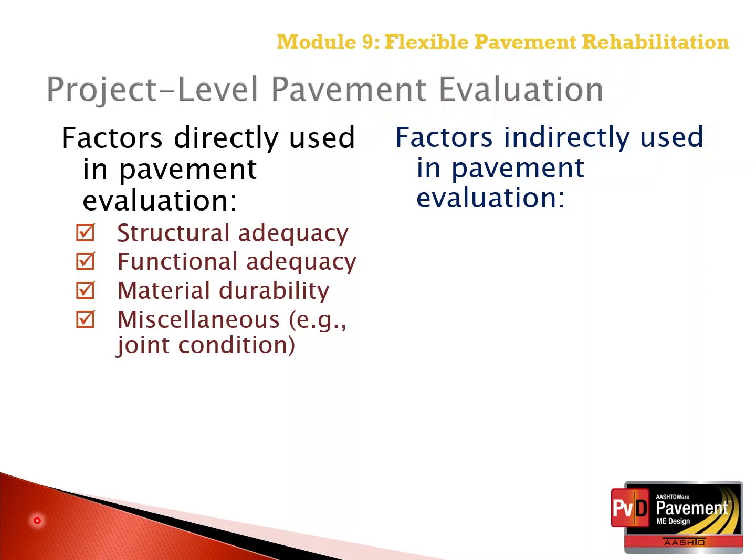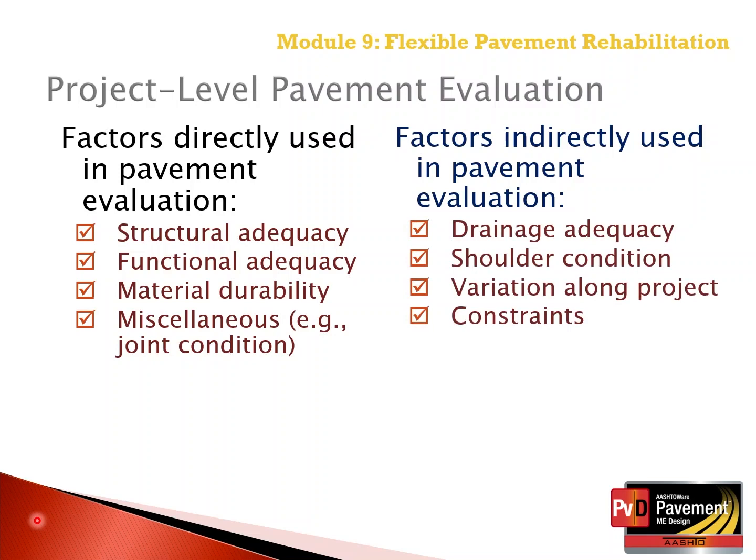The direct factors include such items as determining the structural adequacy of the pavement, functional adequacy of the pavement, looking at materials durability issues, and then other miscellaneous factors that could include things like raveling at the surface, cracking, severity and conditions, other types of material-related distresses that are at the surface, for example, flushing and bleeding, and those types of items.